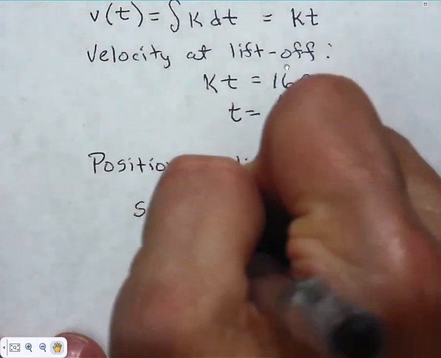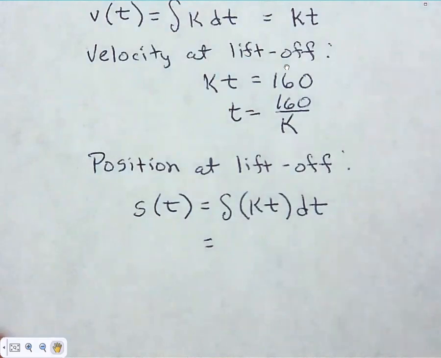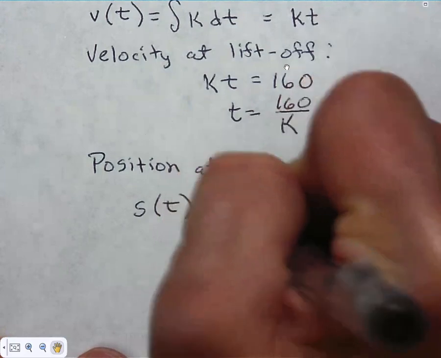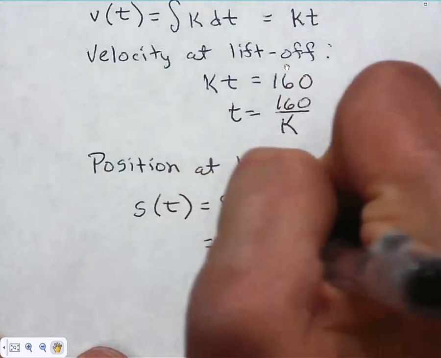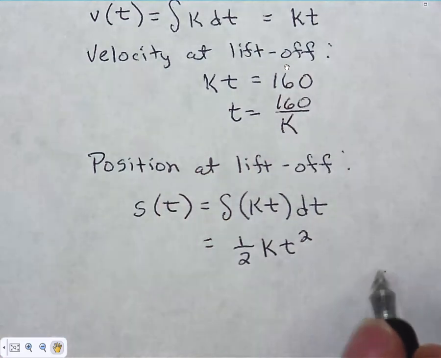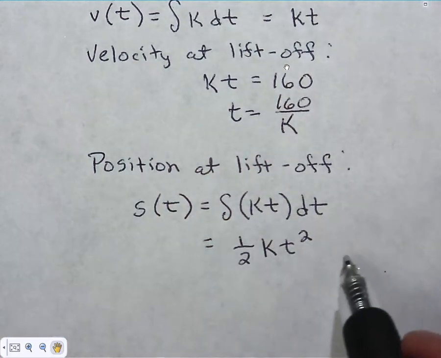And what's the antiderivative of the velocity function? 1/2, that constant I don't know, times t squared, plus some constant on that end, but what do we know the initial height to be?